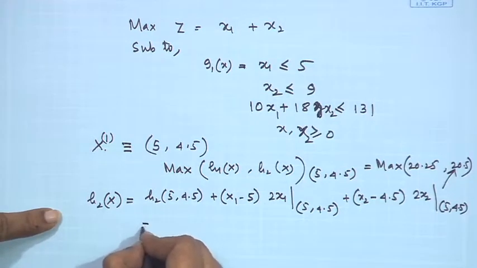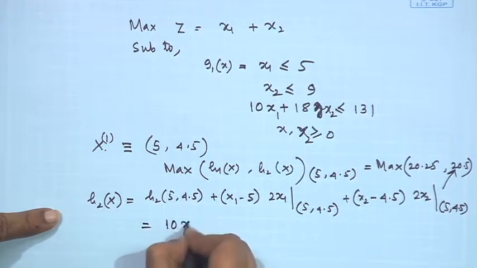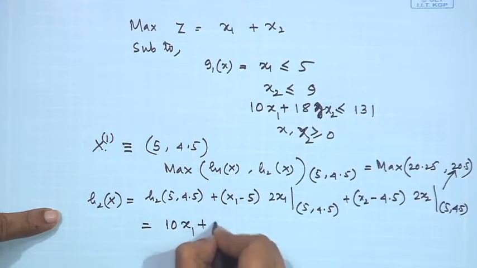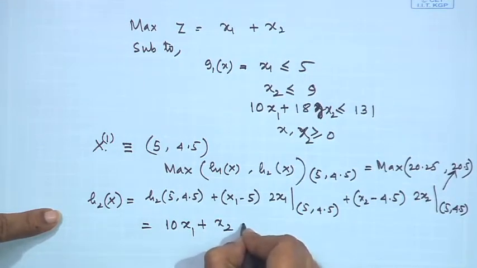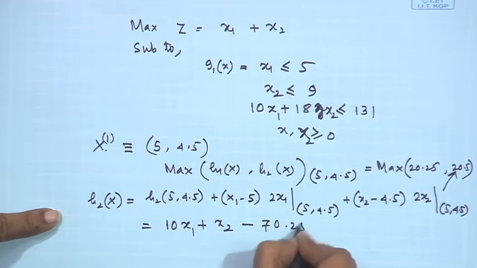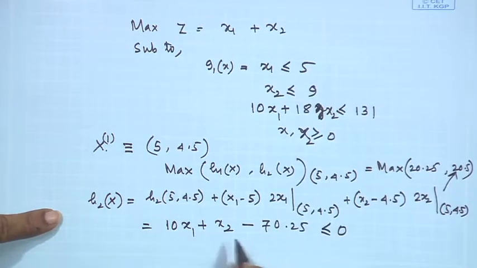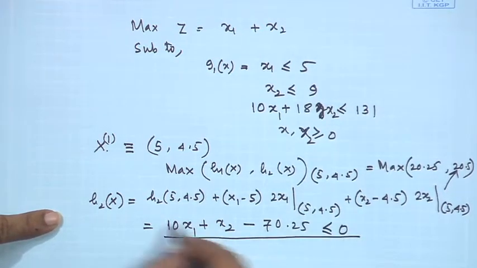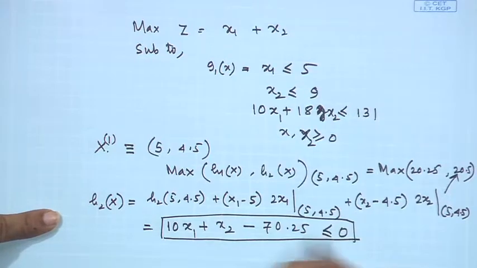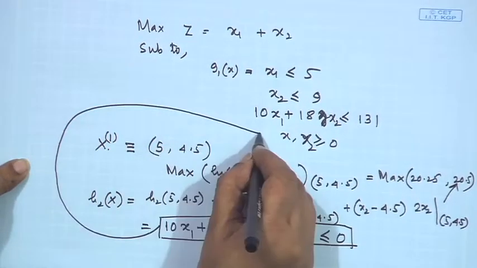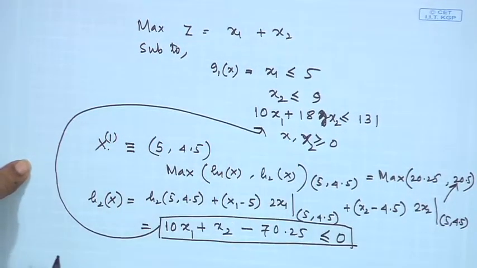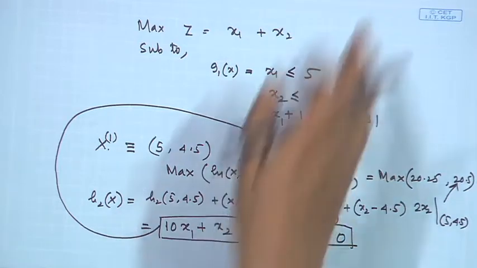If I just write it down, we will get 10x1 plus x2 minus 70.25 less than or equal to 0. We will add this constraint where? Here.